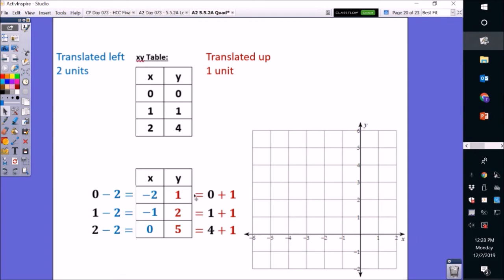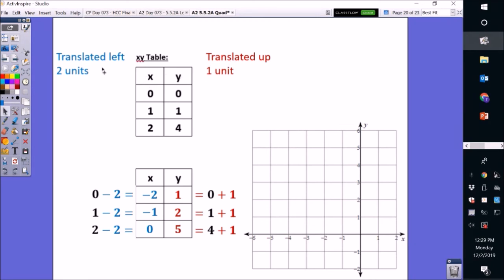Now, I'm going to talk about how the transformation affects these coordinate points and how it helps us determine new xy values for them. If I start at the vertex 0, 0, let's talk about the x values first. If it's moving left or right, it pertains to the x. If it moves up or down, it pertains to the y.